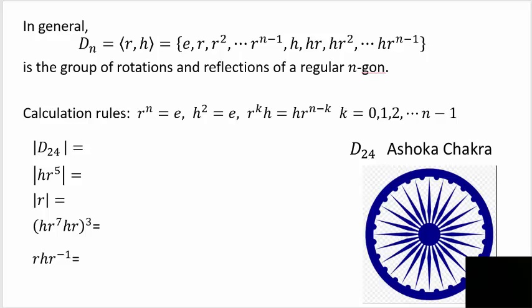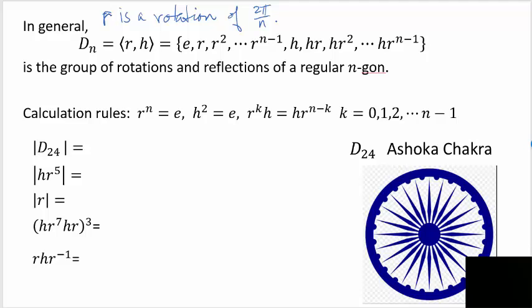In general, D sub n is a group generated by R and H. R being a rotation, and let's just say counterclockwise, a rotation of 2 pi divided by n radians.